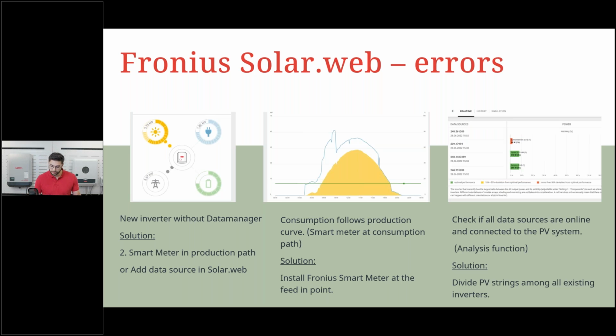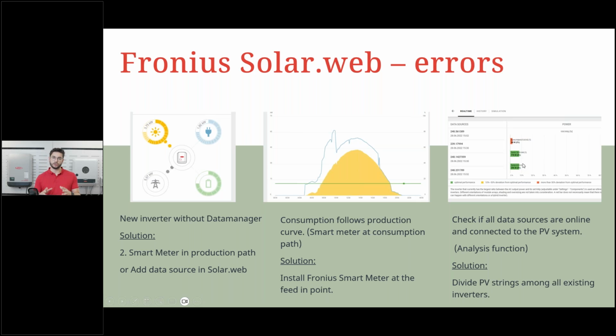Last but not least, please also make sure to check if all the data sources are online and connected to the PV system. You can use therefore the analysis function on SolarWeb and have all the connected inverters visible. And you can see, for example, that a few of them just produce 88 watts versus the others have a little bit more.